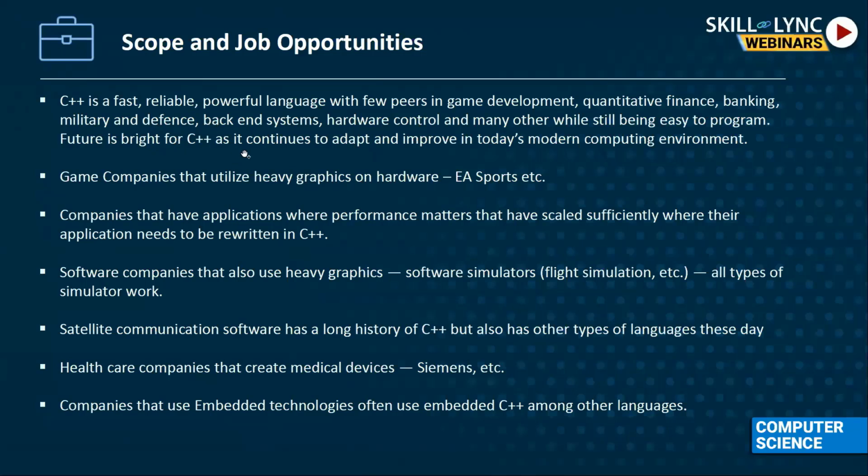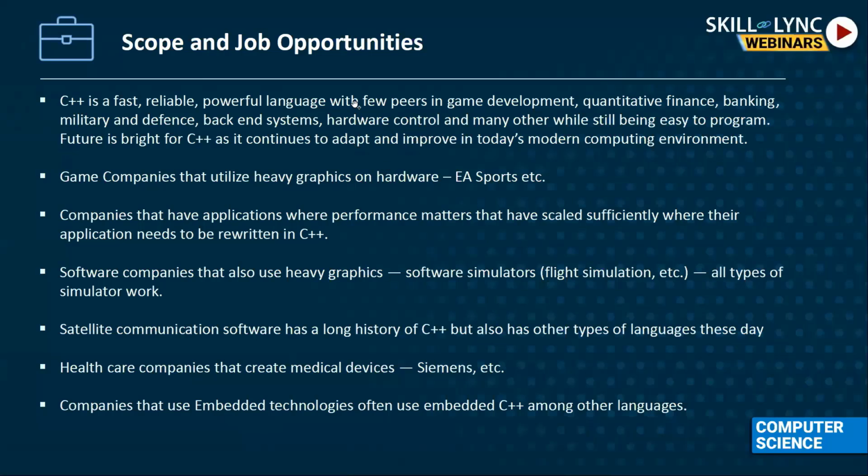As I have written here, C++ is very fast and reliable, and it's a powerful language. Most companies use it for the backend because of this major feature. It's really fast, and that's why it is used in game development, quantitative finance, banking, and many other backend systems.